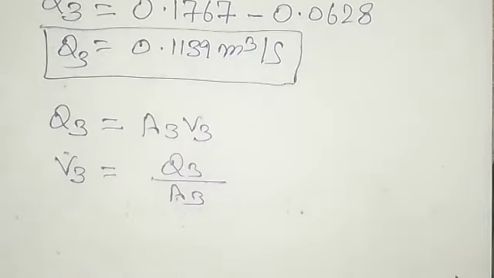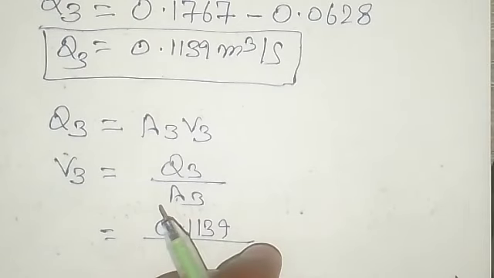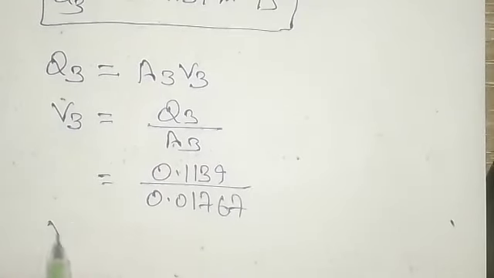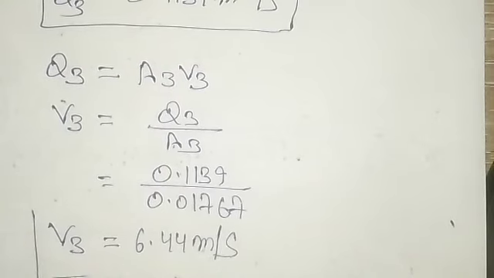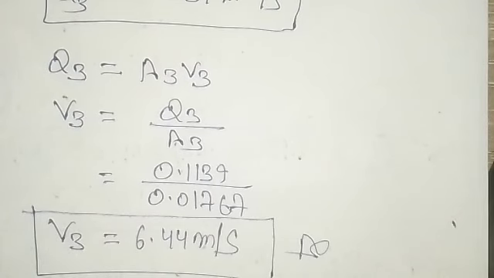That is 0.1139 by a3. a3 we calculated, which is 0.01767. On simplification we'll get v3, which is 6.44 meter per second. So this is how we can solve branch problems. This type of problem comes in your paper.